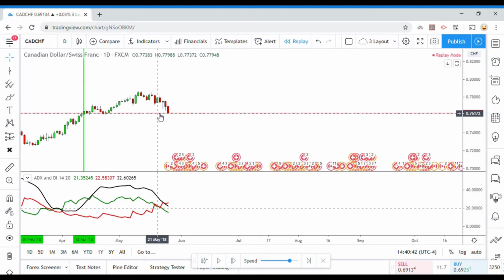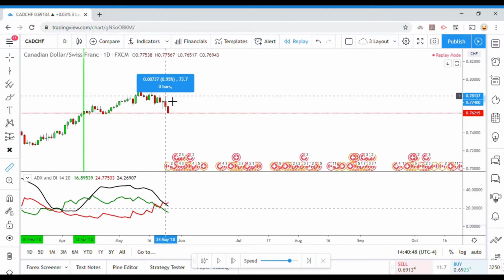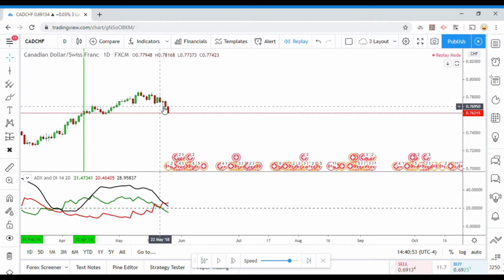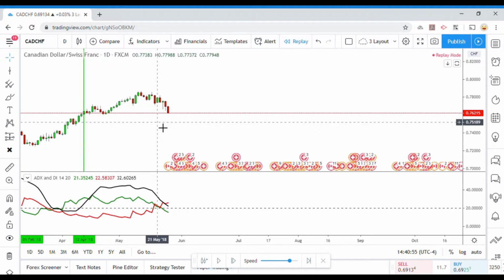77.38 is the open of that candle. So what I'm doing here is, whenever I get use my little ruler tool, but sometimes it is so close that I actually just do the calculation here instead of using the ruler tool.